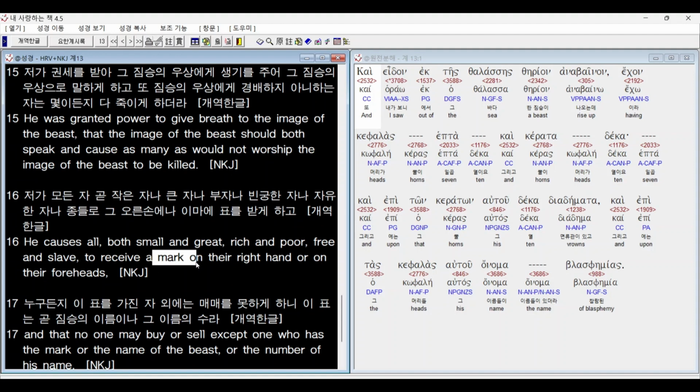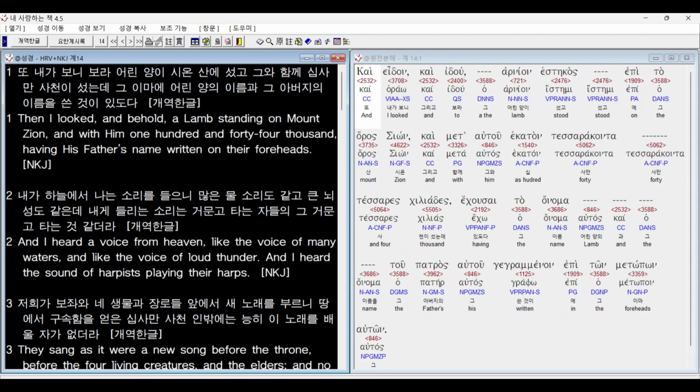Mark. Mark of the beast. On their right hand or on their forehead. When we go down to chapter 14, we have a mark also, right? 144,000, right? We already learned the meaning of 144,000 in the Hebrew, meaning in the number. They are the ones with the Father's name written on their forehead, right?